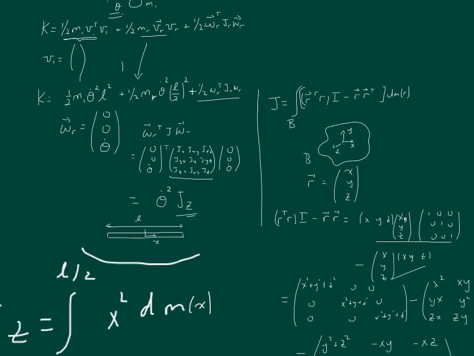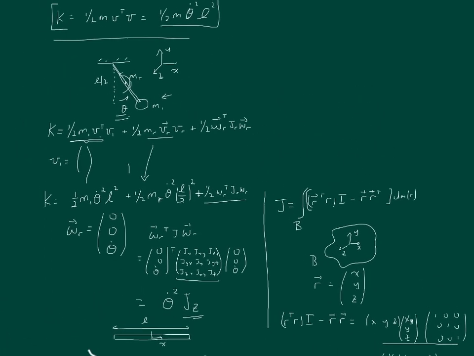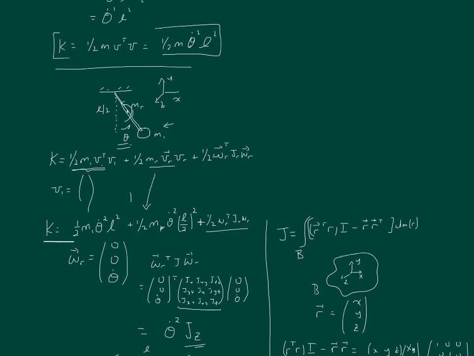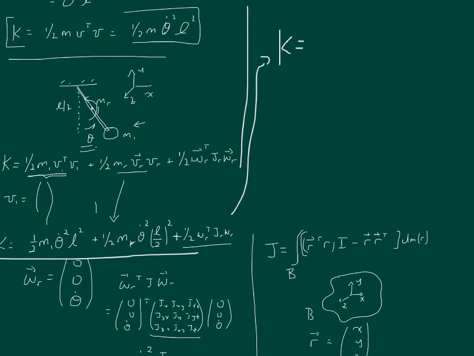So the kinetic energy here, K, is going to be equal to, from the first two terms, 1/2 m1 theta dot squared L squared. From the second term, 1/2 mr theta dot squared L squared over 4.